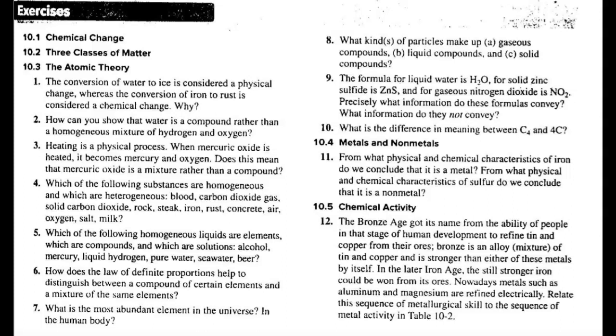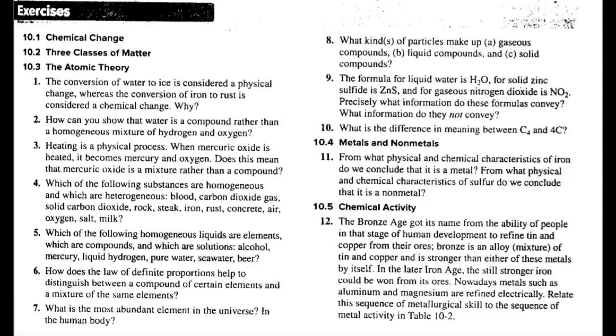Whereas if you have a mixture, you can mix any amount of the constituents that go into making that mixture. So if you have a substance and you want to verify whether it's a compound or mixture, you can decompose it. And when you decompose it, you will find that it has a definite ratio by mass of the constituents. Therefore, you can say unequivocally it's a compound.